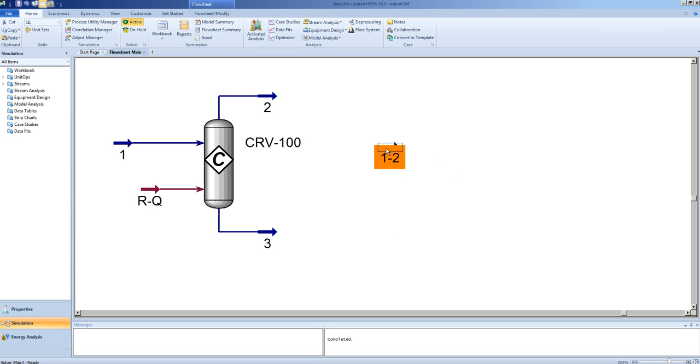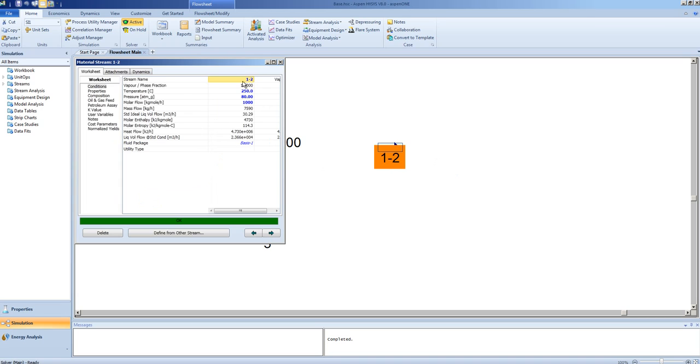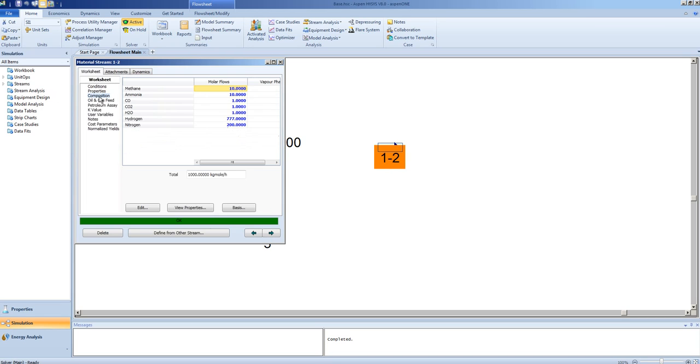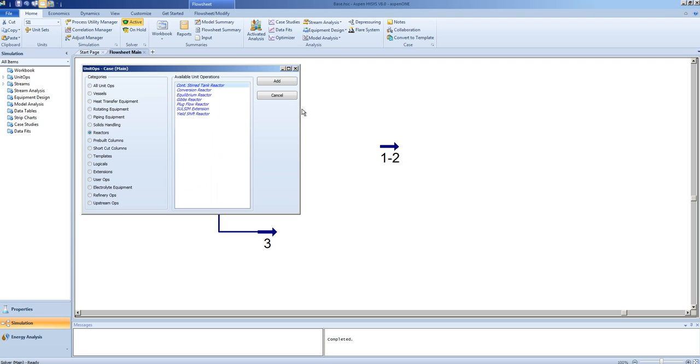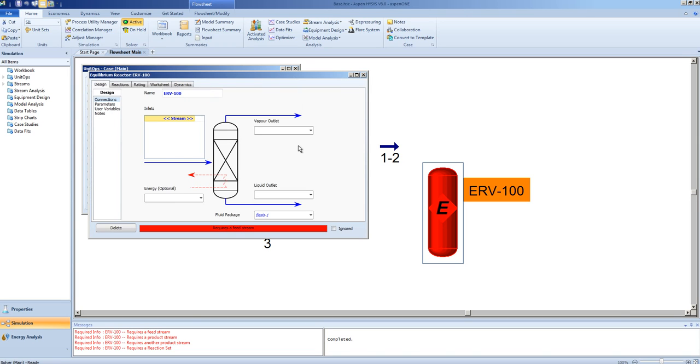We have a fully defined stream, exactly equivalent to stream 1. F12 key will bring up our menu palette. We shall choose an equilibrium reactor, which we will now configure.